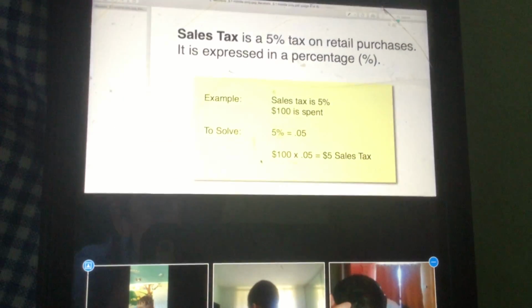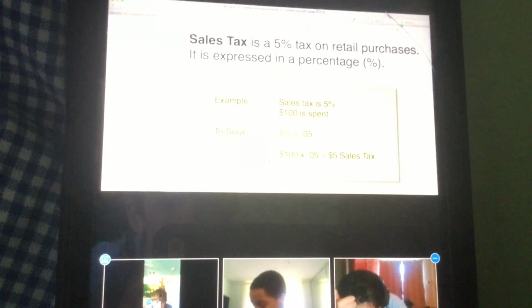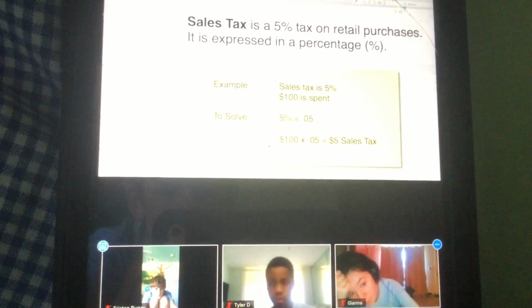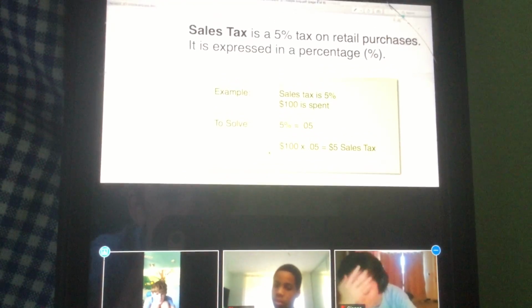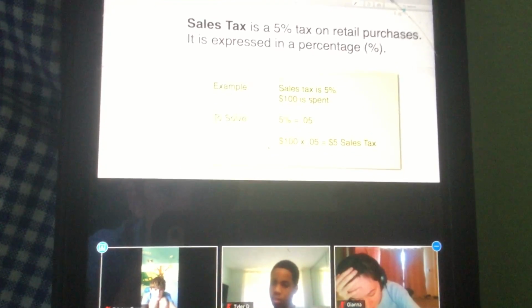Okay, awesome. Now we're going to talk a little bit more about sales tax. Sales tax is a tax on retail purchases. It is expressed in a percentage. In the state of Florida, the sales tax is 6.5%. However, for our purposes here in class, we're just going to make it 5% because then the problems will be easier to do at first.